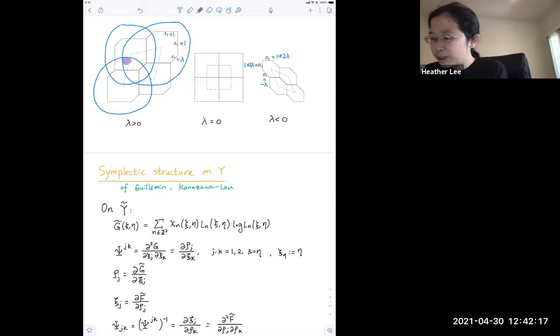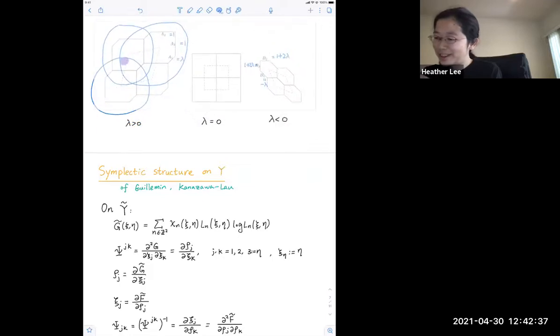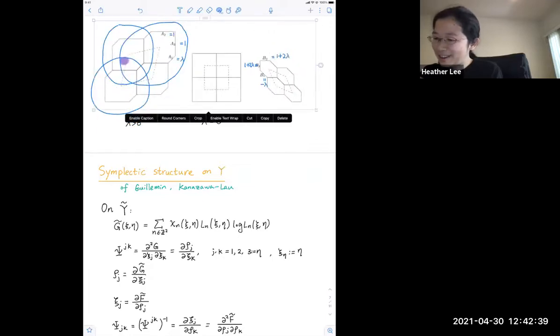That's possible because this little interior open set is covered by the open set in the cover that's covering this facet.